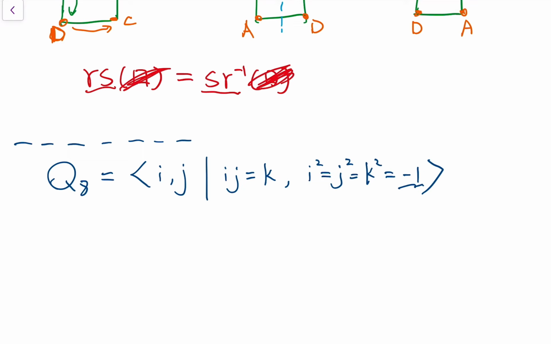So if we have i squared equals -1, then i to the 4 is equal to (-1) squared, which is 1.